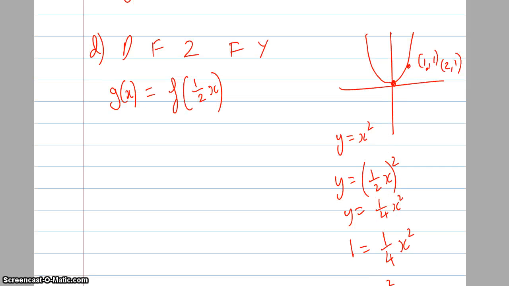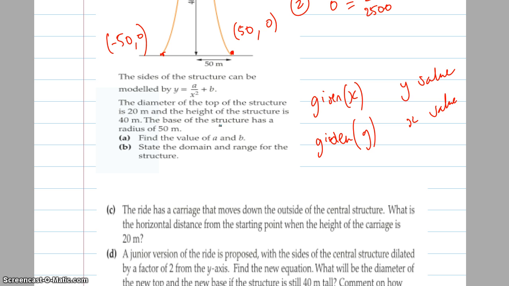So coming back to our question, this ends up being f of 1 on 2 x. So therefore, this new equation would be, I need to go back up to my original, and it gets a little bit awkward, so I'm going to leave it as a and b.